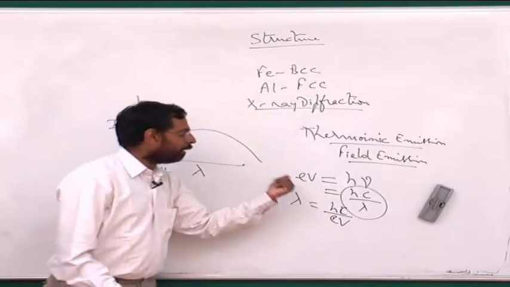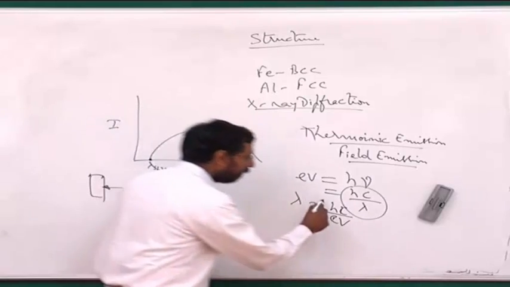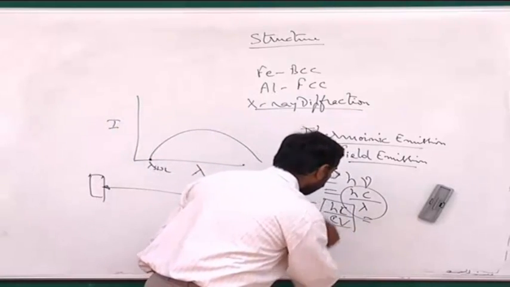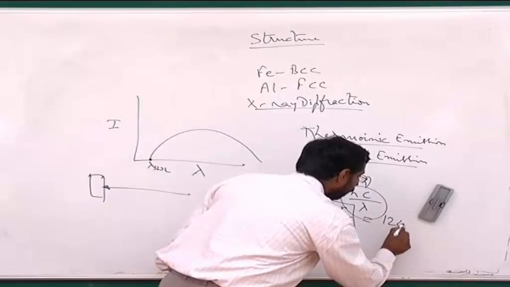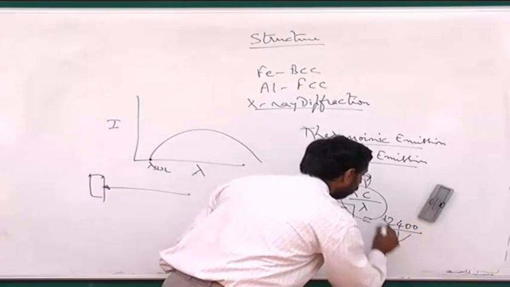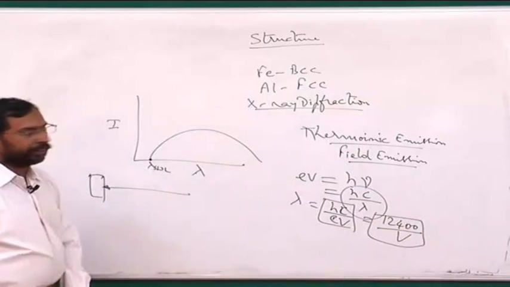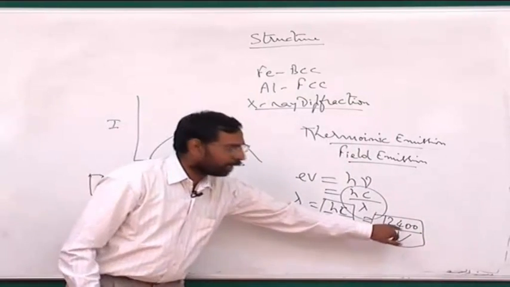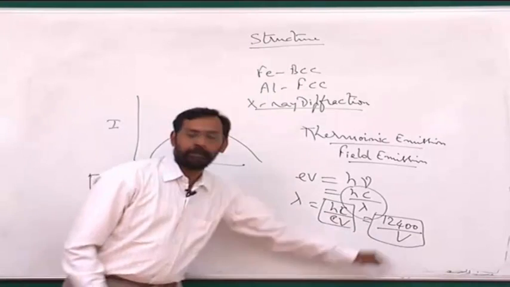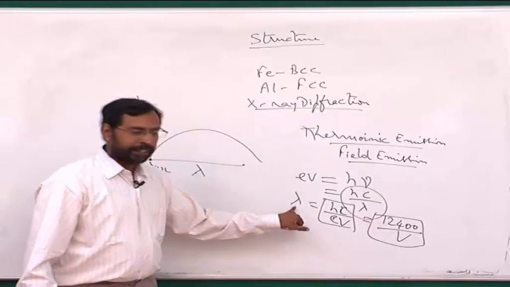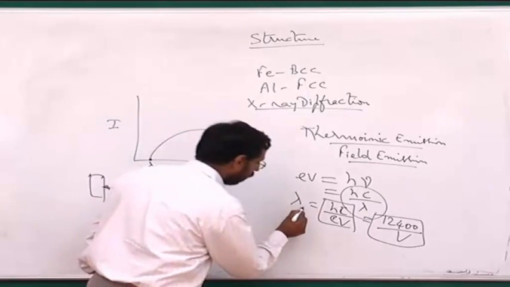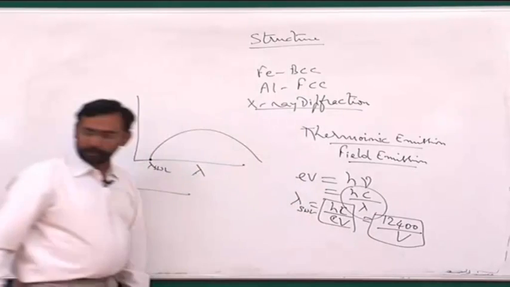Because lambda equals hc by eV, and if you use all the necessary constants, you will see a relation like this: lambda is something like 12,400 divided by V. So as you can see, this is what is called the lambda SWL.